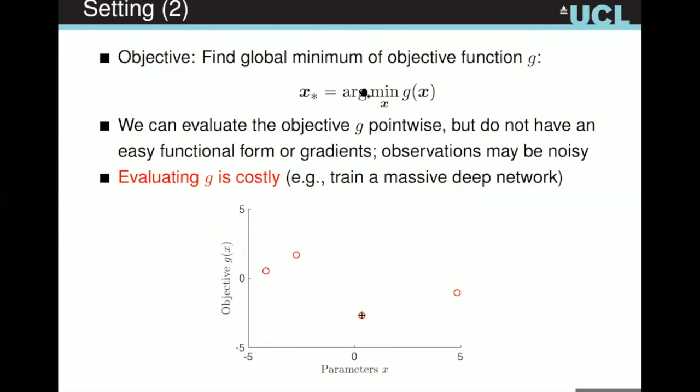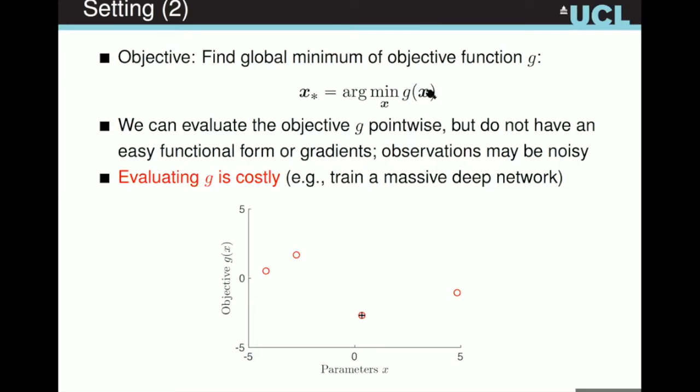We want to find the argmin of g(x), the optimal parameter setting. Think of this as the optimal learning rate for minimizing the cross-validation error of a deep network. So g(x) would be the cross-validation error of a deep network for a particular learning rate, for example. We can evaluate this objective pointwise.